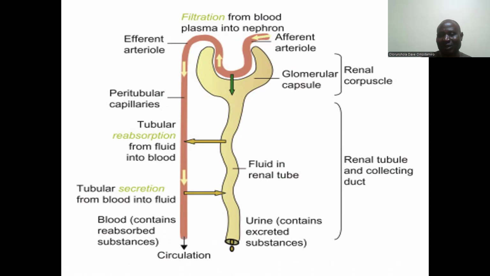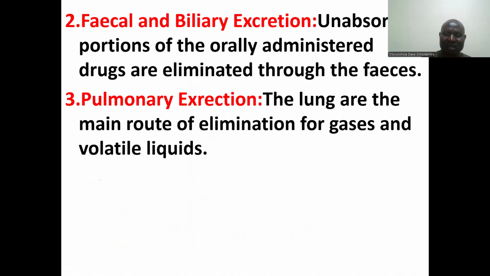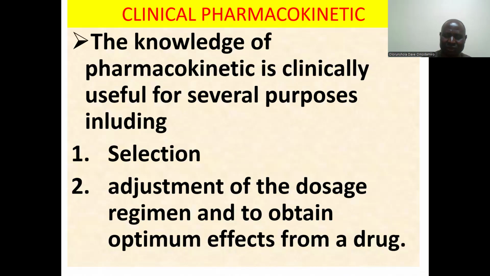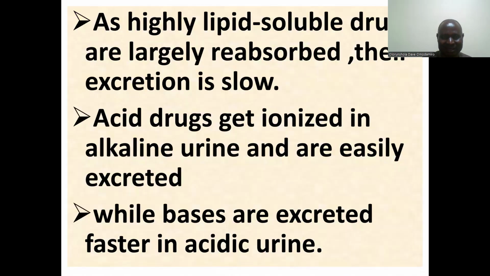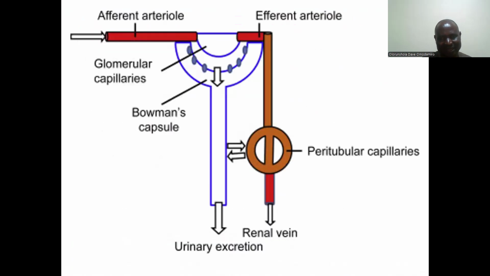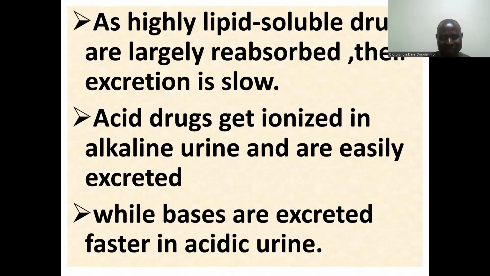So the one that has more affinity for the organic transporter will be the one secreted back into the lumen, while the other one that has low affinity will not be secreted into the lumen. So these are the three processes by which renal excretion takes place. I hope this makes sense and you understand this very well.